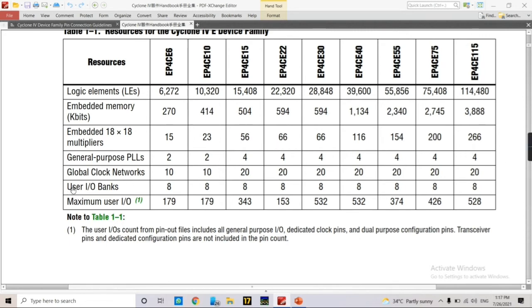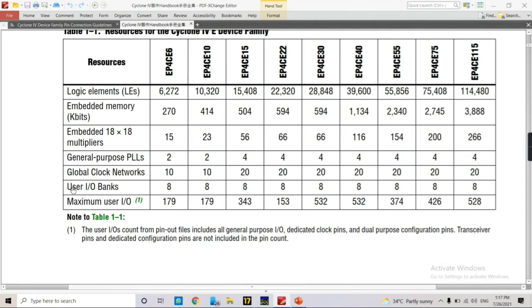Global clock networks generate the clocks you will need in your code, 10 or 20, depending on your FPGA. There are banks. In an FPGA, maybe the memory uses a voltage different from the voltage of the logic elements, different from the PLLs, different from the clock.